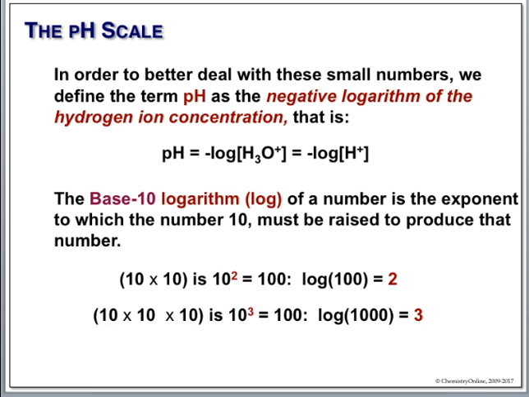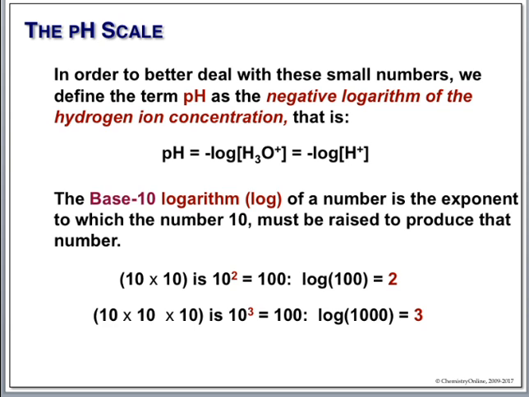Now sometimes it's not an even number. Sometimes the log might be 2.5. But your calculator will tell you that, and we'll see examples of that. So again, feed this to your calculator. Make sure that you get it.